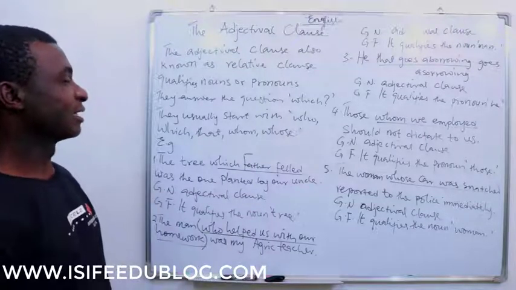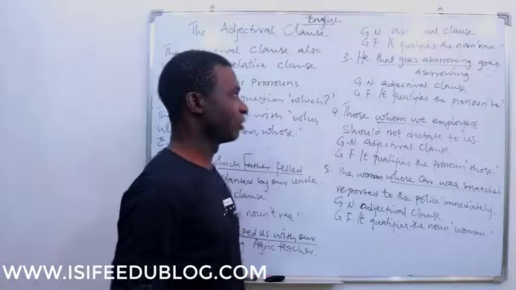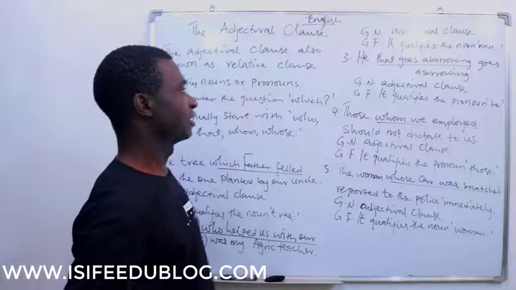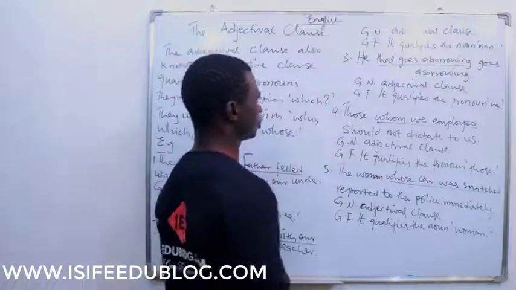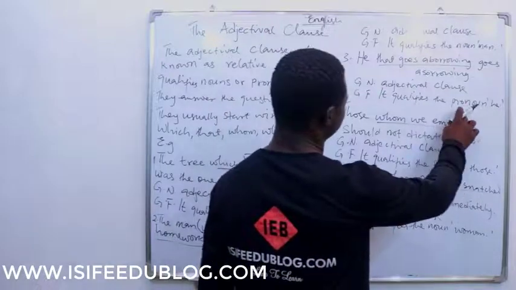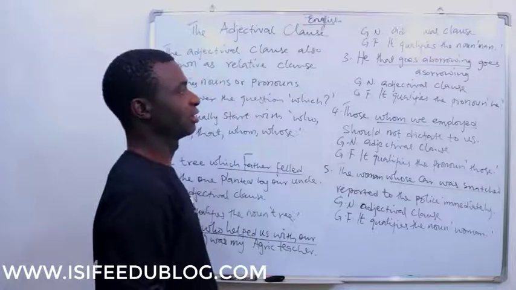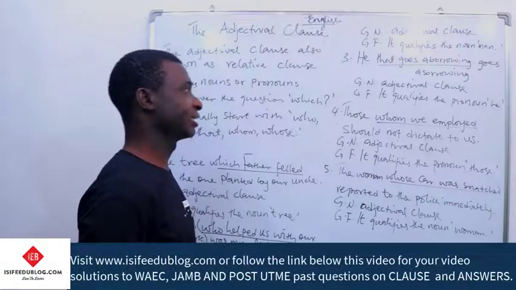Alright? Example number 3 says, he that goes a-borrowing goes a-sorrowing. That's an ancient proverb. That goes a-borrowing is an adjectival clause which qualifies the pronoun he. He goes a-sorrowing. Why?